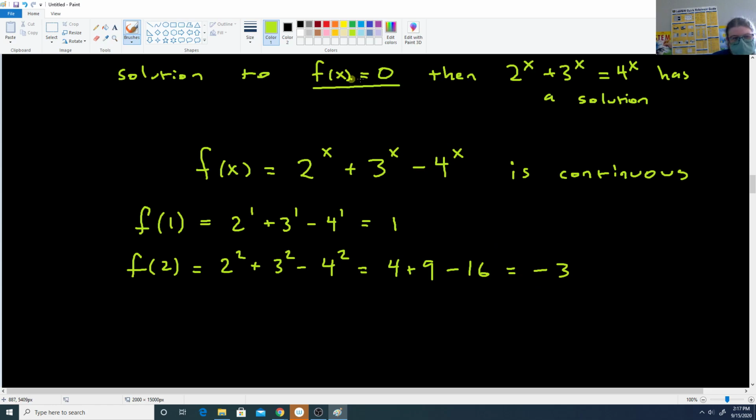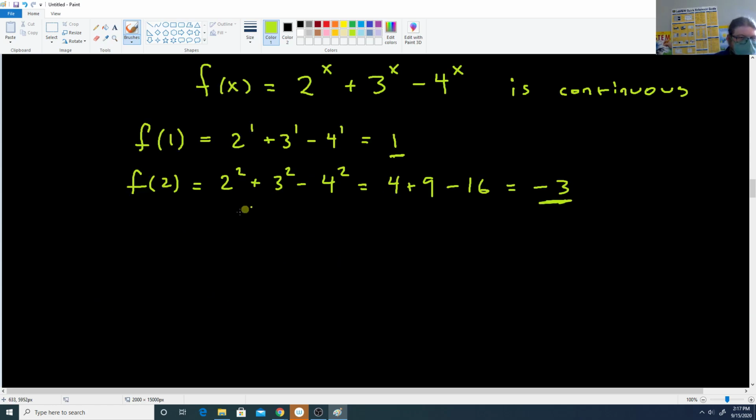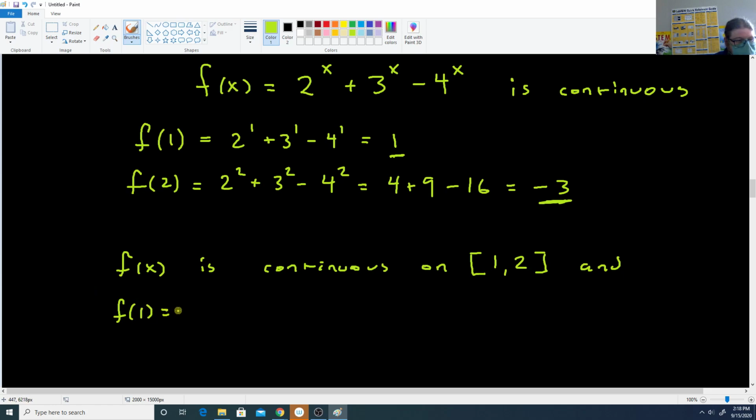Okay, so we were looking for where f of x equals 0, and we now have a positive number, f of 1 is 1, and a negative number, f of 2 is negative 3. So f of x is continuous everywhere, so f of x is continuous on the closed interval 1 up to 2. And furthermore, f of 1 equals 1, which is not equal to f of 2, which equals negative 3.